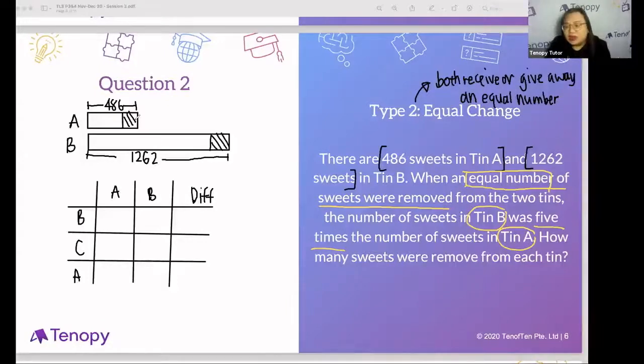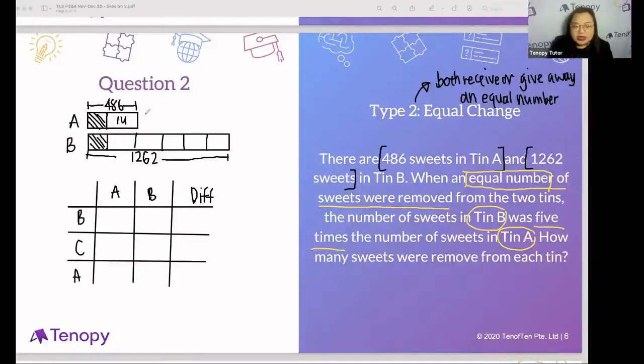If they cut away equal parts, please reflect that information. I usually like to put it at the back. It's neater and easier to compare. I will cut it from the back to show that it is equal. This is now your 1 unit, and this became your 5 units.